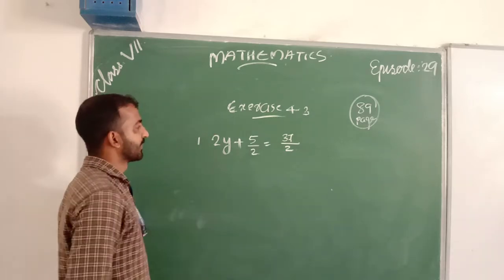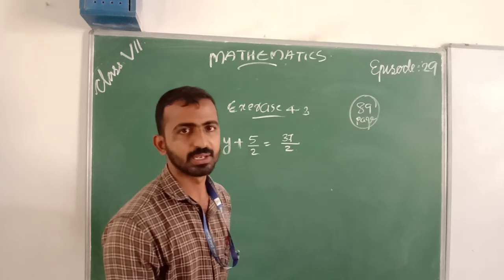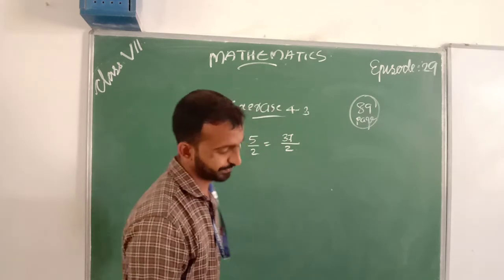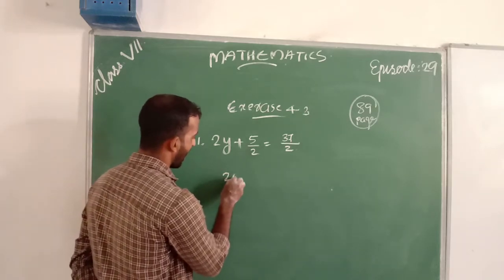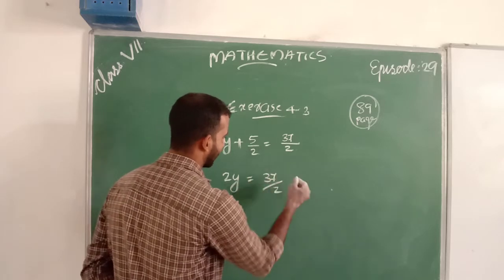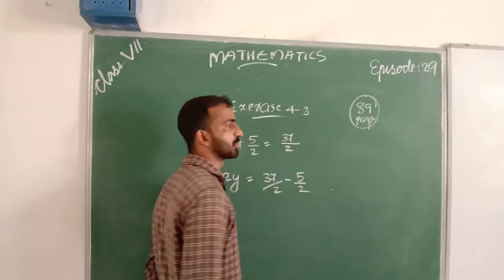Here we use the transposing method. 2y equal to 37 by 2 minus 5 by 2.